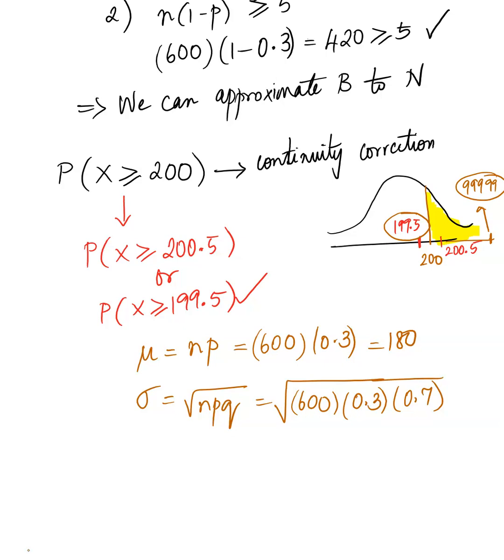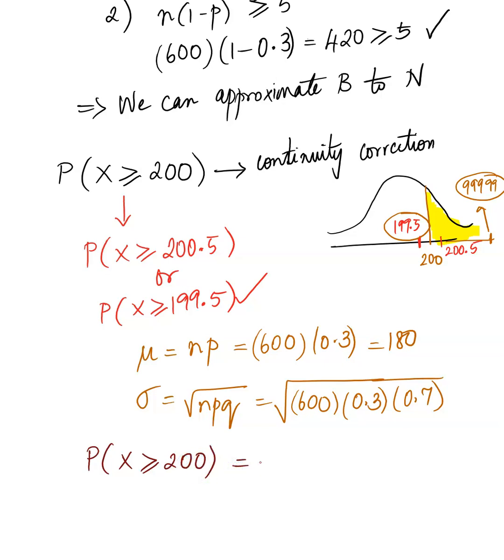And then mu, you can enter it as 600 times 0.3, or you could enter the value that we have, and this would be square root of 600 times 0.3 times 0.7 and close parentheses, then paste, and that gives you, without any inconvenience, probability of x greater than or equal to 200.